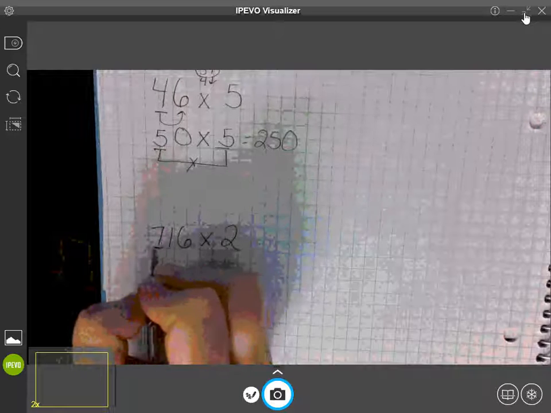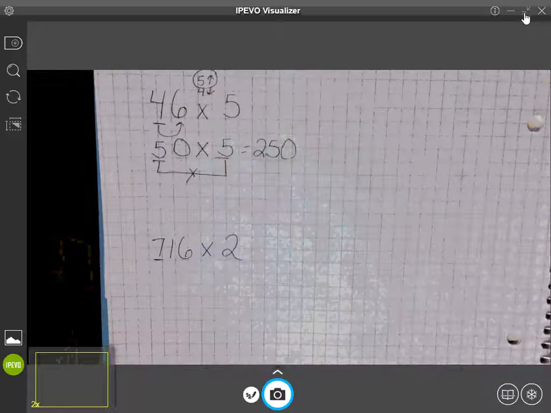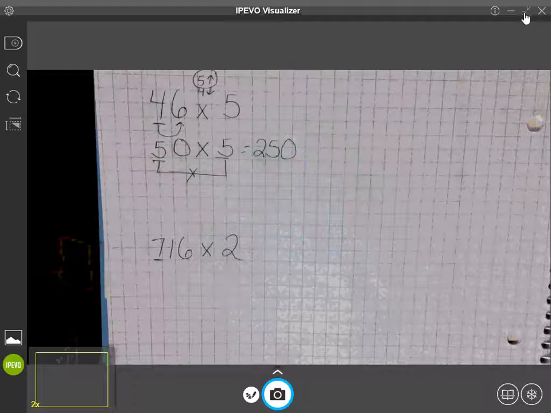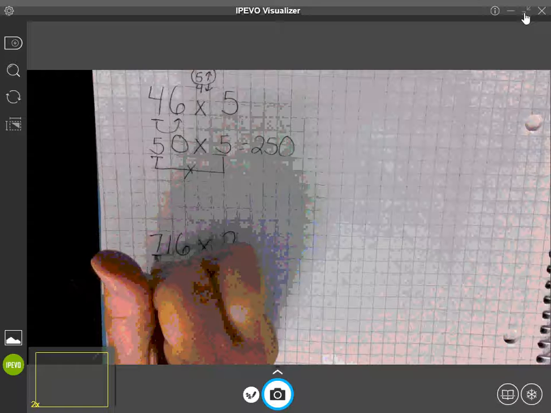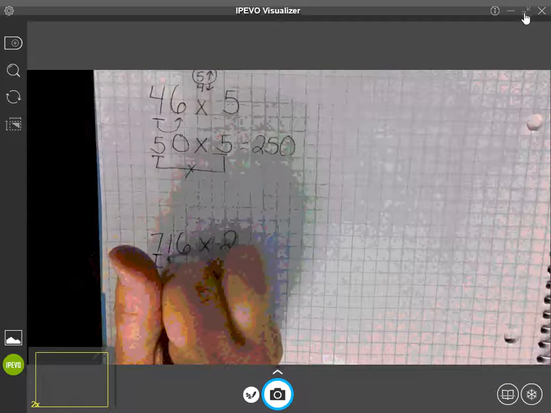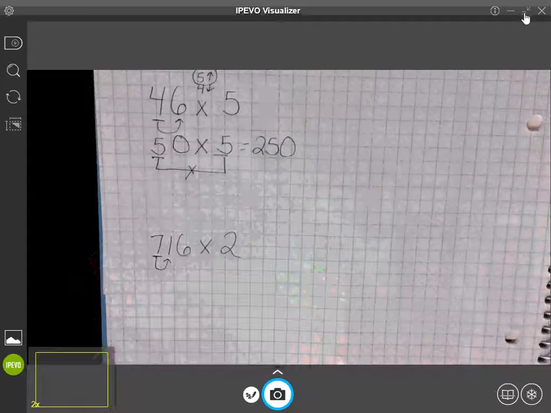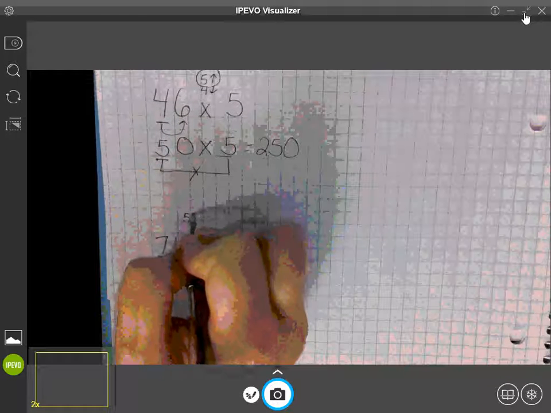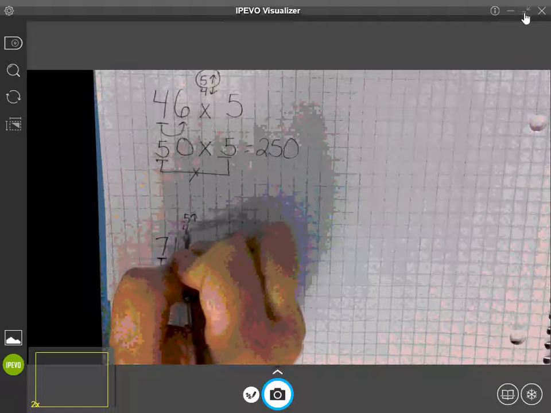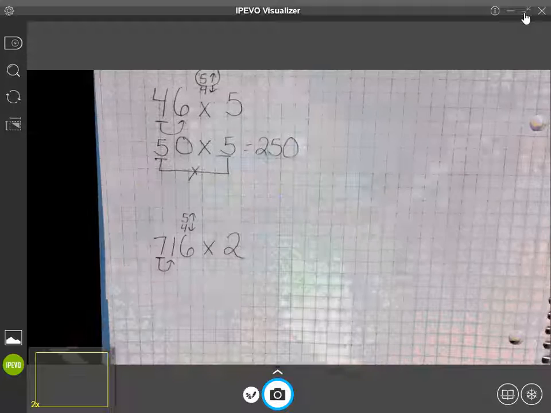So I'm going to draw my line underneath my 7 to remind me that's where I'm rounding to. Then I'm going to look next door. What number is next door? 1. Okay, that 1 is bossy, remember. It's going to tell that 7 what to do.